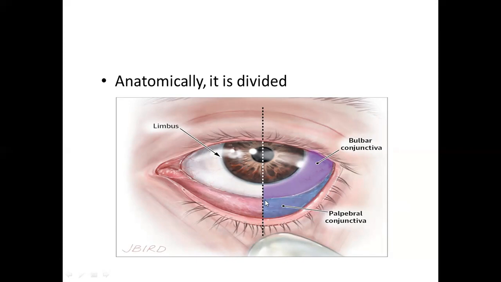It's also called the tarsal conjunctiva. So it's just a lining of the inner part of the eyelids, either upper or lower. That's the palpebral conjunctiva.